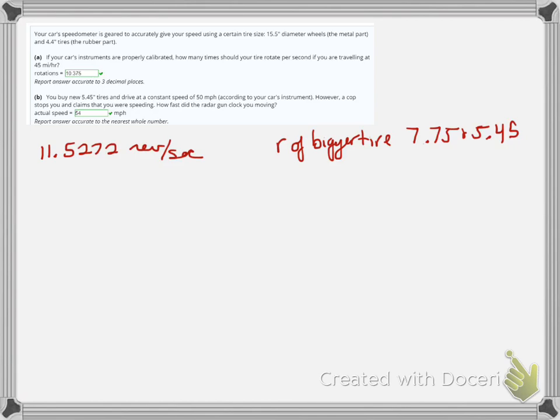Okay, 7.75 plus 5.45 gives you 13.2, and that was for this problem. So 13.2 inches is our radius, and that makes the circumference of the new tire 2 pi times 13.2, which is 26.4 pi inches. So one revolution is 26.4 pi inches.